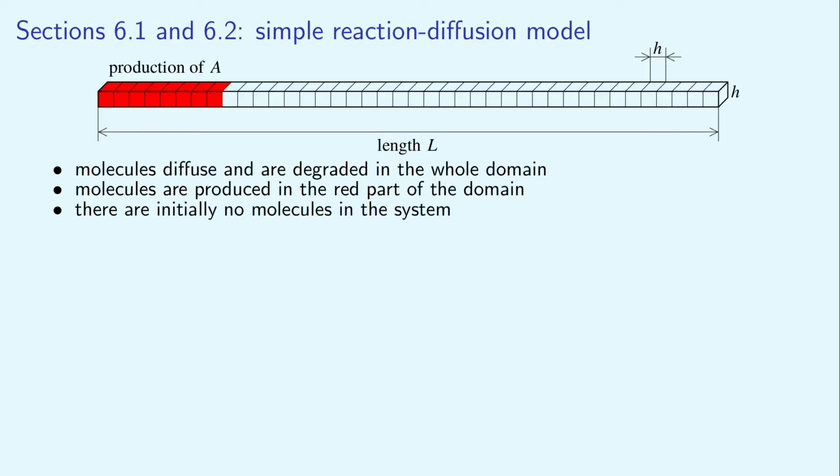Next, we will discuss how we can add advection to reaction diffusion models. In sections 6.1 and 6.2, we have explained stochastic reaction diffusion modeling using a simple reaction diffusion system. Molecules diffuse and are degraded in the whole domain. They are produced in the red part of the domain, and there are initially no molecules in the system.